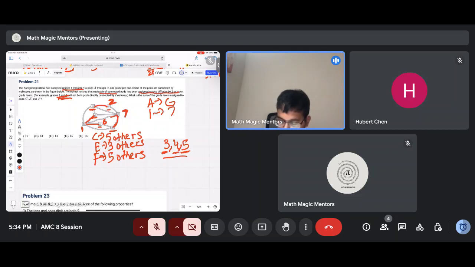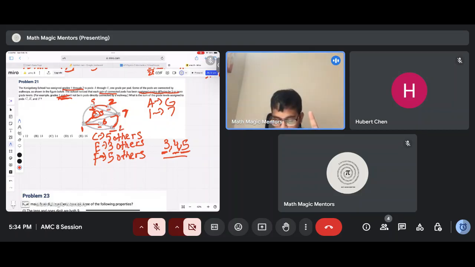A has to be assigned four or five. But look at B. B and A always have to differ by more than one because they're adjacent, they're connected. So that means that if B is say a three, A has to be five. Because A can't be three because G is right next to it, but A can be five and then B is three. B can't be four because A is connected to B, and that's a difference of one.